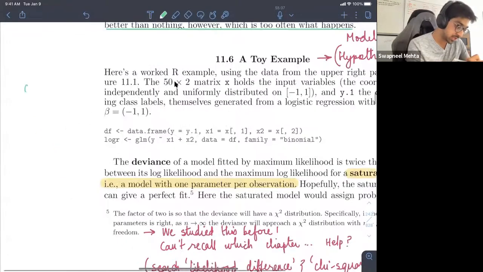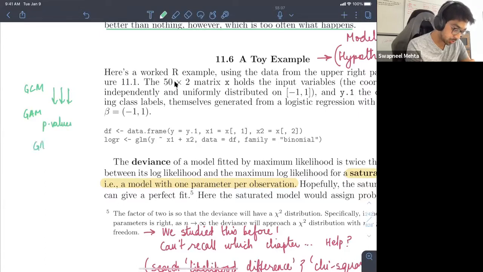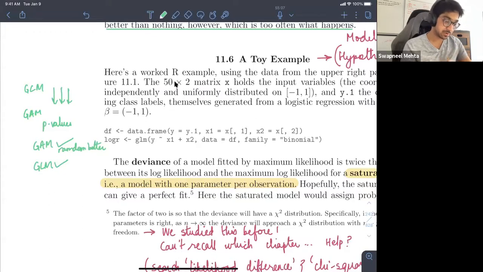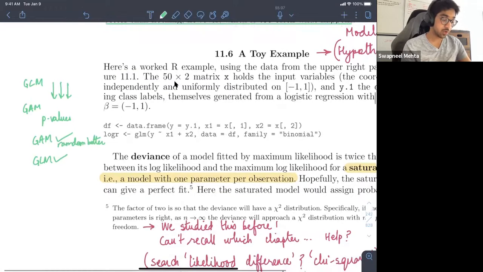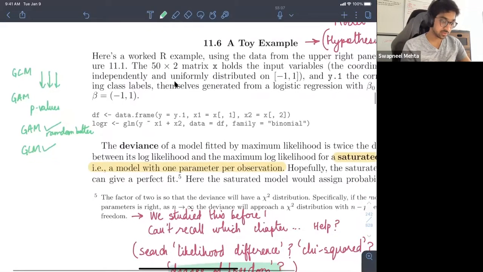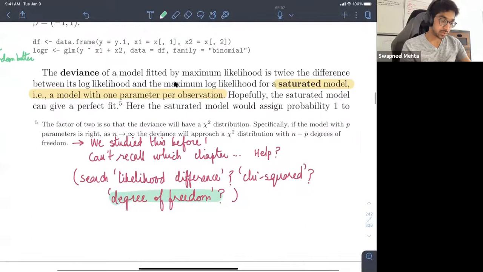Like we said, you fit a GLM, fit a GAM, simulate from the GLM to fit the GAM, and then check the p-values to say whether the GAM is the true model or whether it is the GLM and the GAM is just randomly fitting better. This example walks through these things, so it's nice.